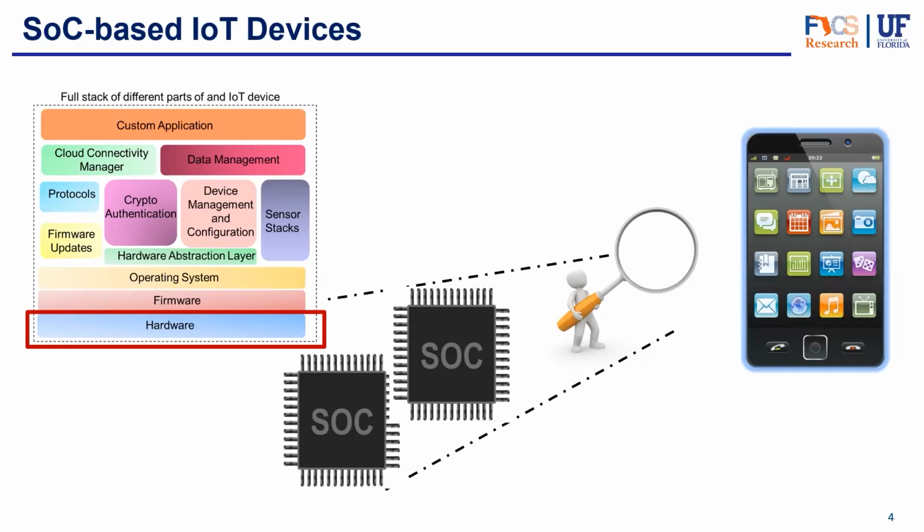So let us look at what the backbone of these IoT devices is. Right now, most IoT devices consist of one or multiple systems on chips. Here I have shown the full stack of systems on chips, from the hardware to the custom applications.